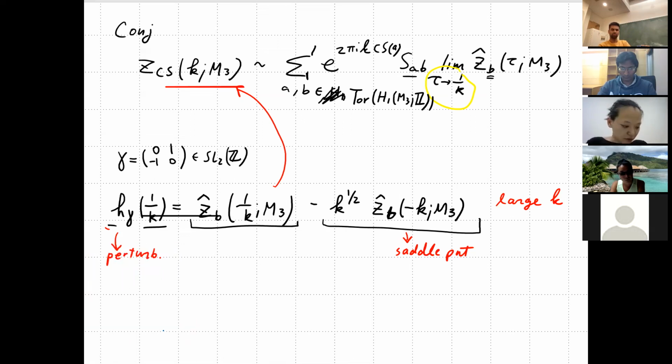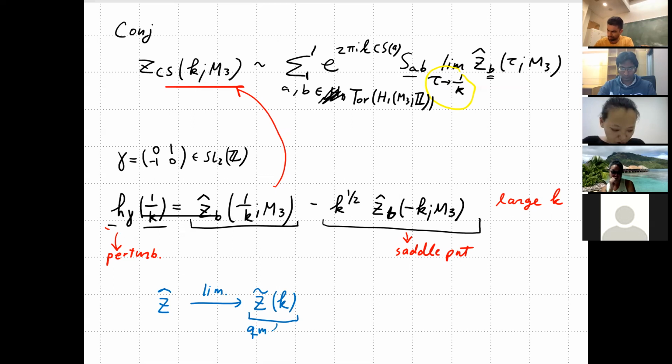So to quickly summarize, we have Z hat, and we take, let's say, the limiting value. Then we have some other function, Z tilde of k, which should be a quantum modular form. In large k, it should look like some trans-series in the complex Chern-Simons.